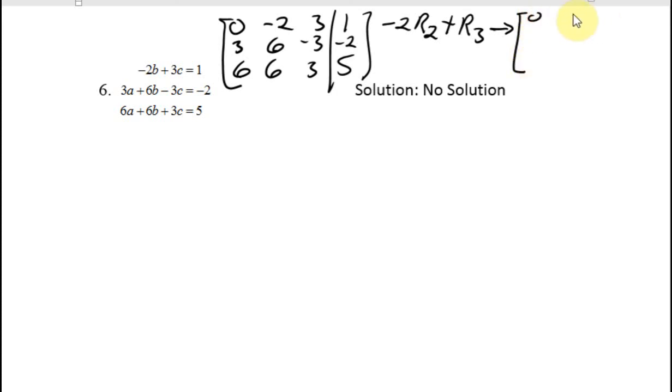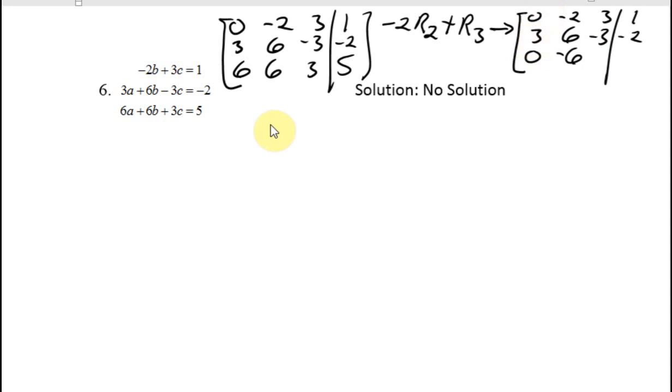But anyway, 0, negative 2, 3, and 1. This is 3, 6, negative 3, negative 2. So we're saying negative 2 times row 2 plus row 3, so that's the 0. We get negative 12 plus 6 is negative 6.